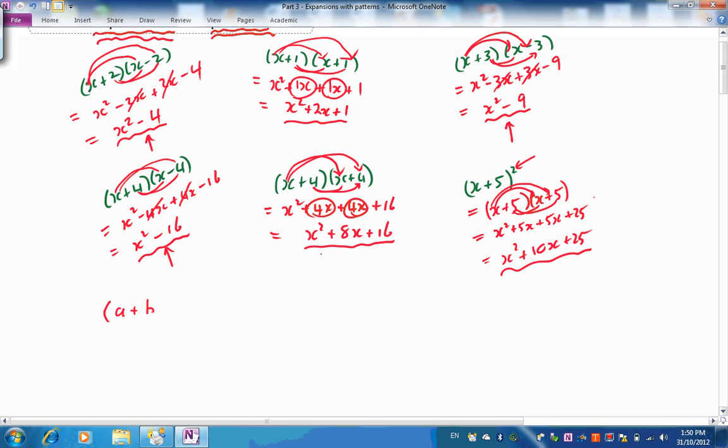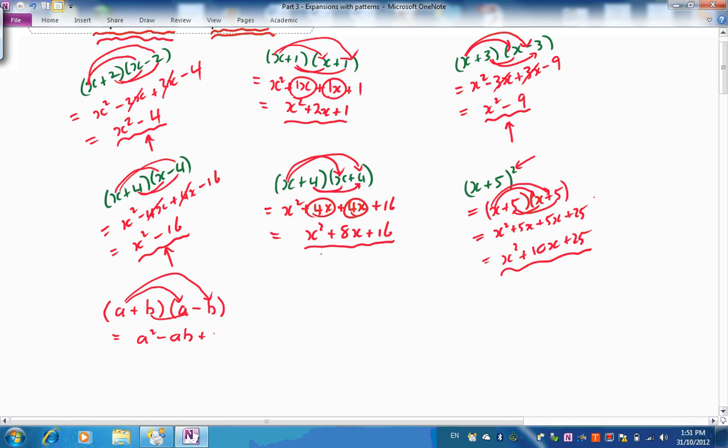Can you follow this? When you have 2 terms, let's call the first one A and the second one B, and we times it by an identical bracket, but with a minus between them. Let's just check that out now. A by A would give A squared. A by neg B gives neg AB.